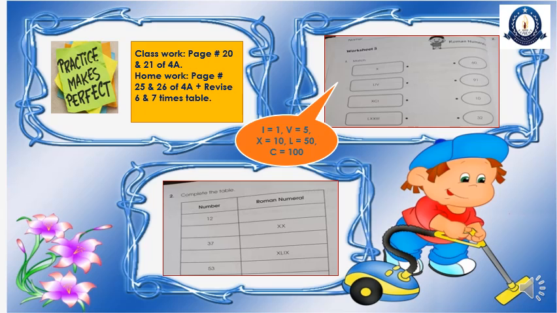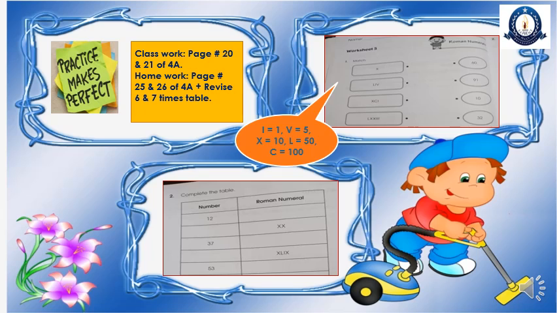Now look at the first. The Roman number is X, so it is 10. Match it with 10. The second number is LIV. L means 50. IV: now recall the rule. Place a smaller number before the bigger number in the case of subtraction.